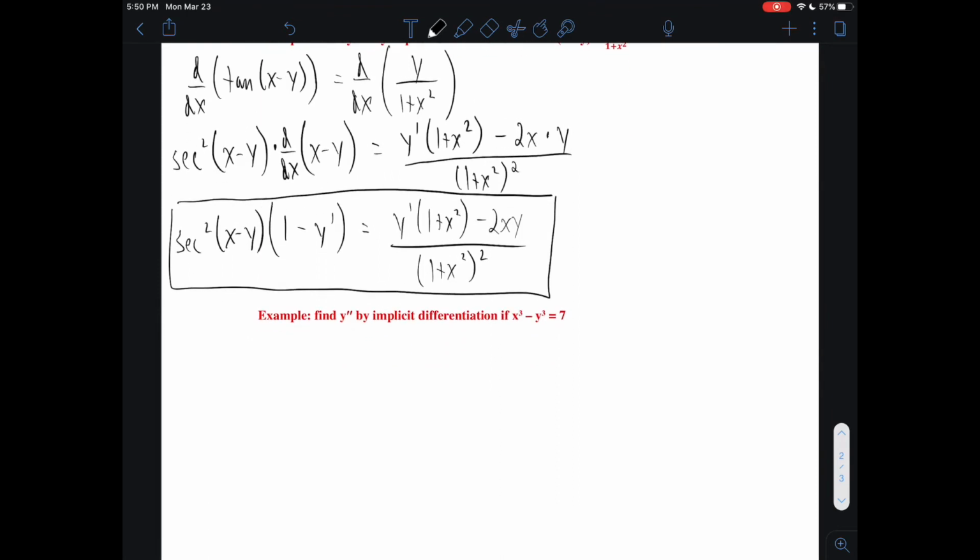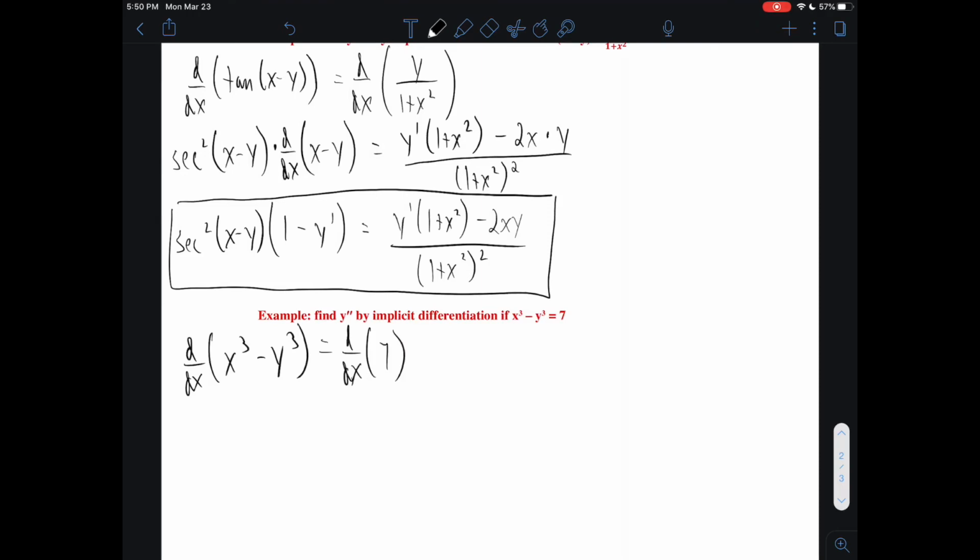Find y double prime, or the second derivative, by implicit differentiation, if x cubed minus y cubed is equal to 7. So again, take the derivative with respect to x of the left-hand side, and then we need to take the derivative with respect to x of the right-hand side.